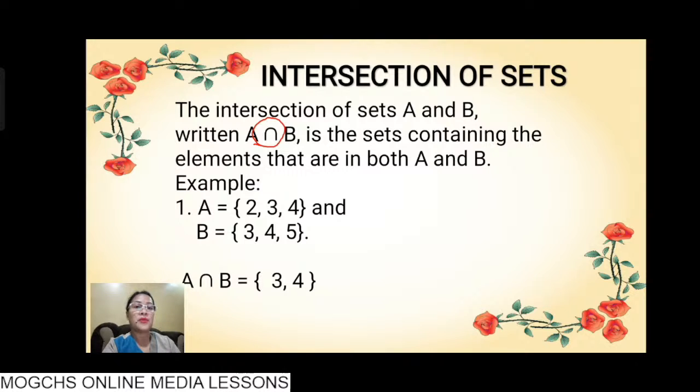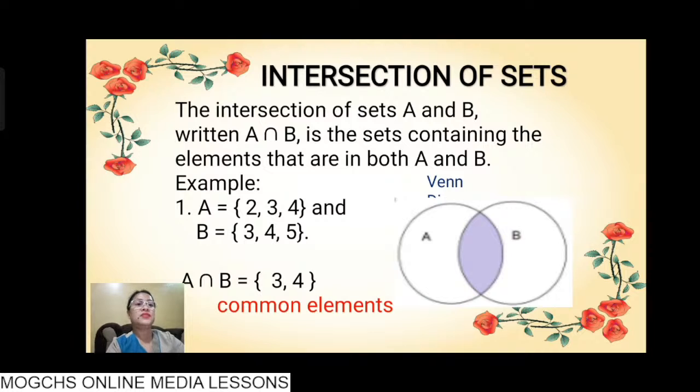Example number 1. Set A is equal to 2, 3, and 4, and set B has the elements 3, 4, and 5. So the intersection of set A and set B is 3 and 4. So these are what we call common elements.